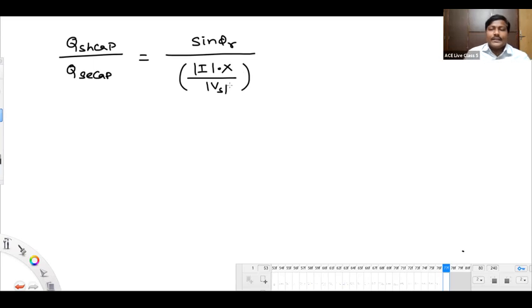What is that I into X by mod Vs? See, I into X is the reactance voltage drop, and this is Vs. Assume it as the base voltage. So it is nothing but sin phi r by the per unit reactance drop.